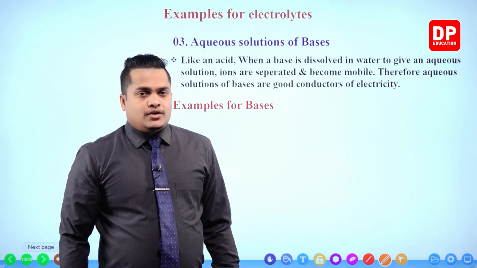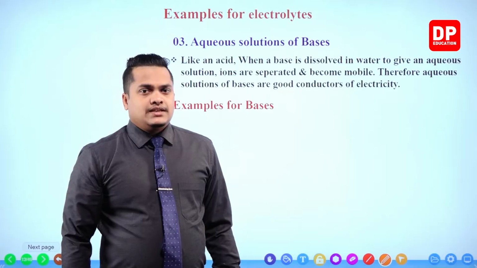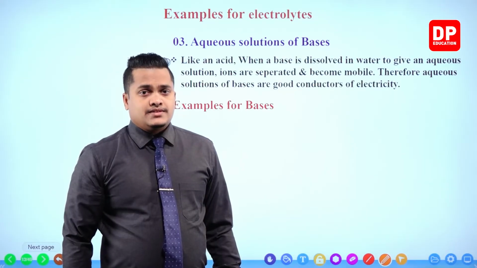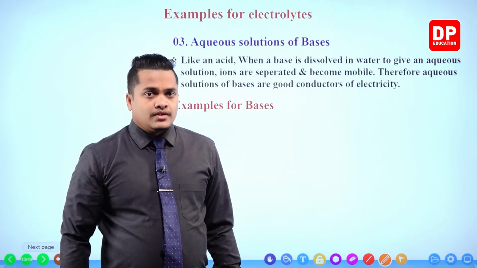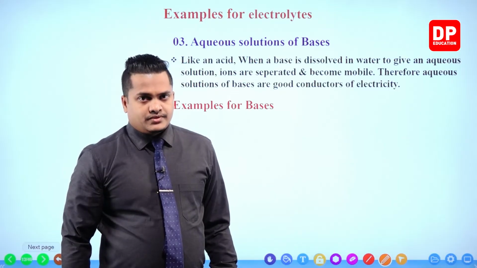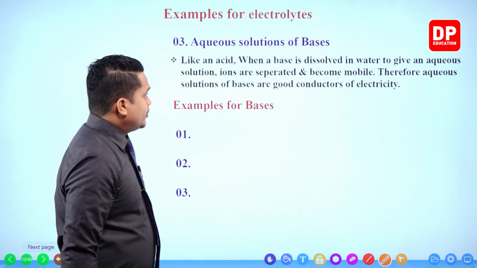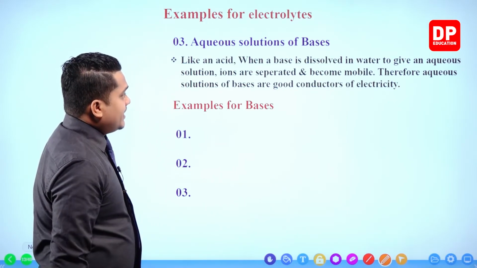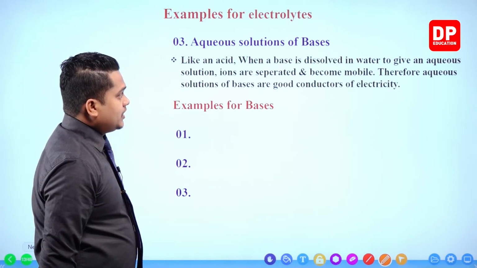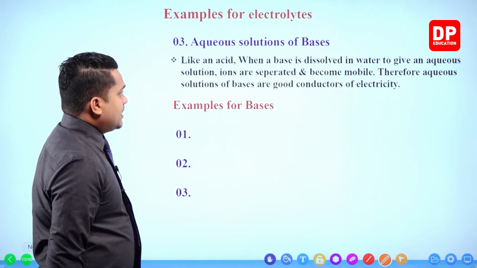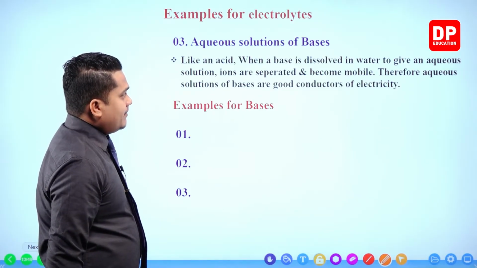So aqueous solutions of bases are also good conductors of electricity. Therefore, these are also examples for electrolytes. Like an acid, a base is dissolved in water to give an aqueous solution. Ions are separated and become mobile.